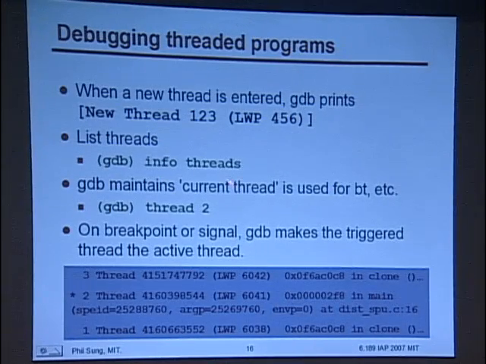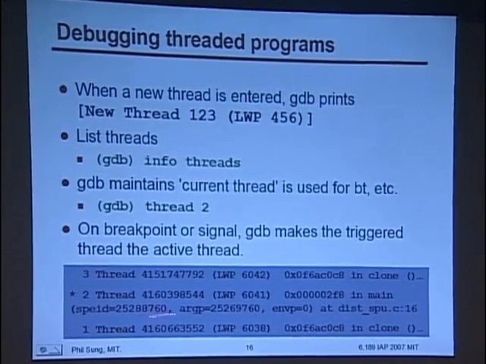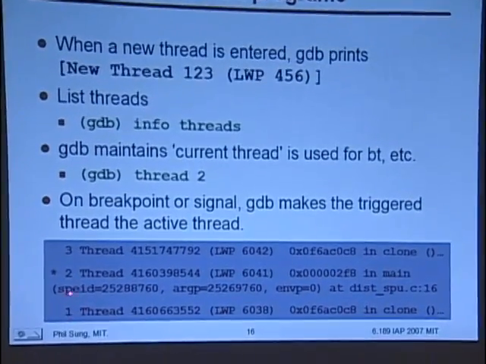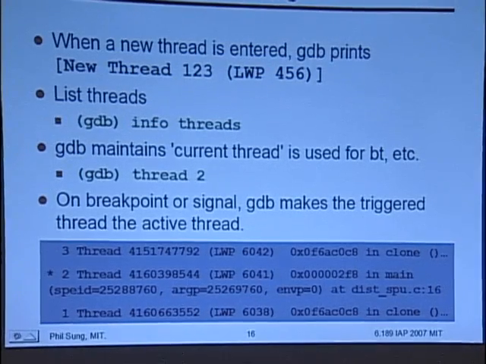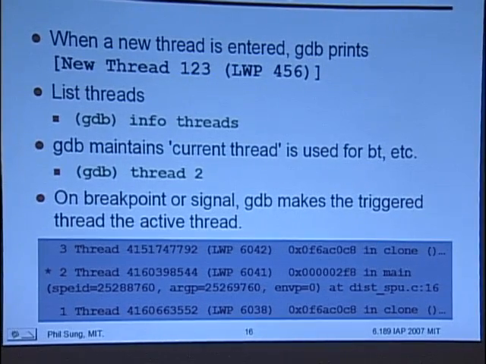When you do info threads, it's going to give you this list of threads which are numbered, for example, 1, 2, 3 on the left. And the LWP numbers that are displayed are going to correspond to these that came up when the threads were started. But you're going to have to use these numbers on the left to switch between threads. And when you do info threads, GDB will mark the current thread with a star on the left. And will also show you where each thread is executing right now. Questions?